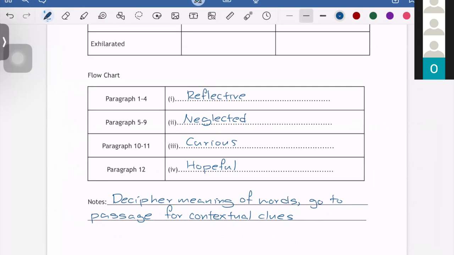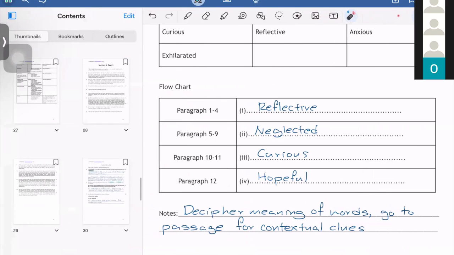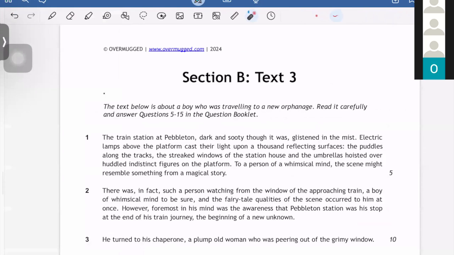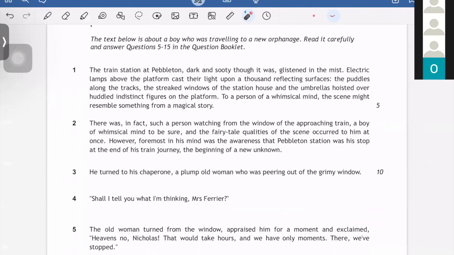If you are done, I'm going to show you where you can find the context for this in the passage. So all the way to text 3. Paragraphs 1 to 4 is reflective.